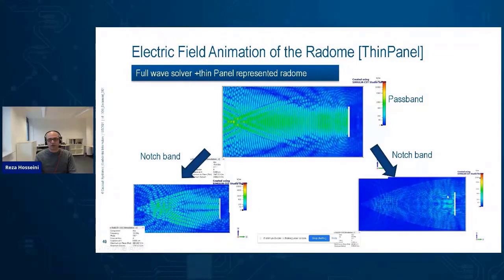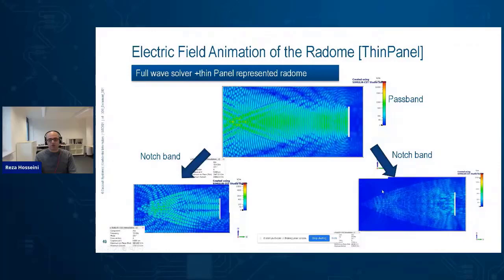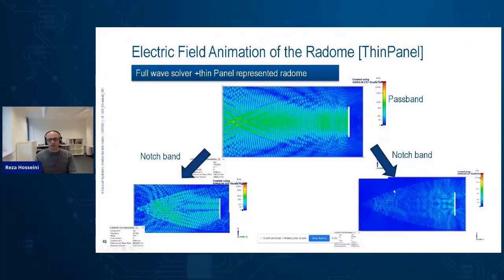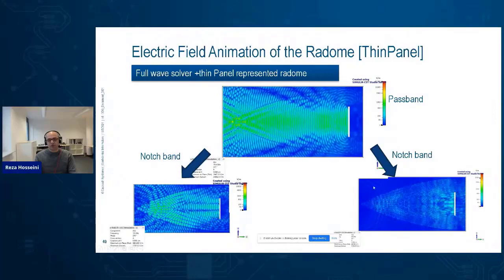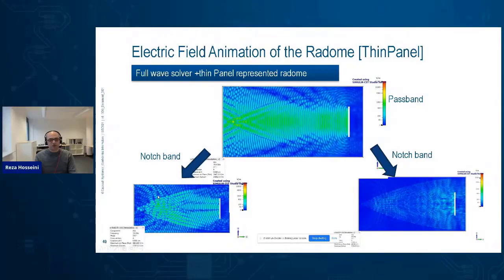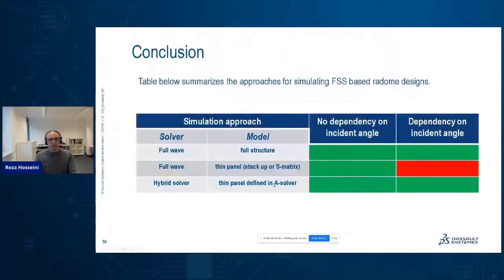And again, the scaling is the same, so we should be able to judge with the colors. Here we are at the notch band, so the fields should not get out, but in this case a bit of field can go out.